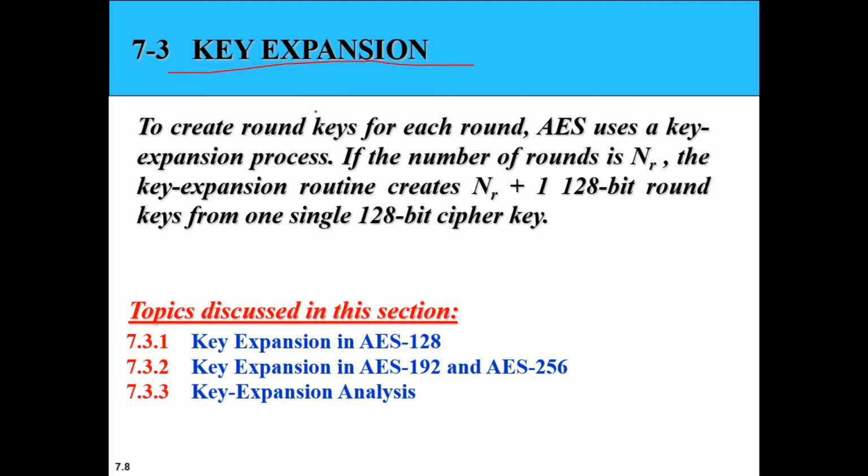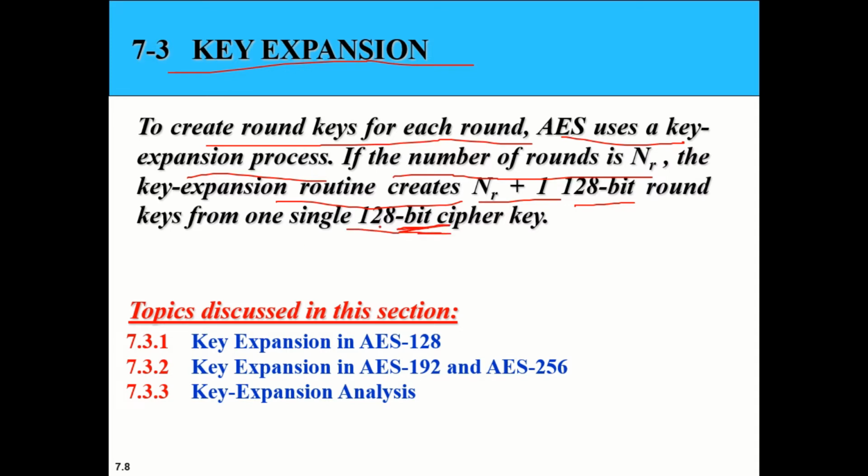This is the crucial part of the add round key operation, which is called key expansion. To create round keys for each round, AES uses a key expansion process. If the number of rounds is Nr, then the key expansion routine creates Nr plus 1 128-bit round keys from the given single cipher key.